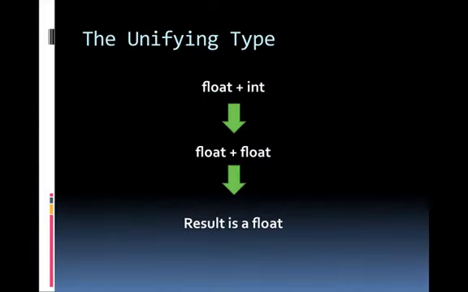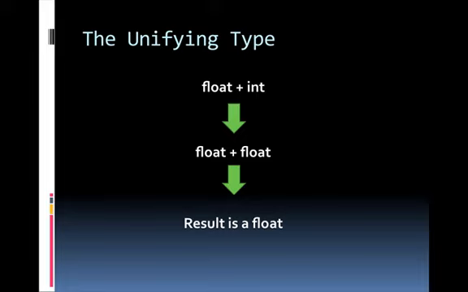So what's the rule on this? Well, there's something called the unifying type that Java does in order to figure out what kind of data to give you. Java only really knows how to do math problems when the numbers on both sides of the operator symbol are of the same data type.